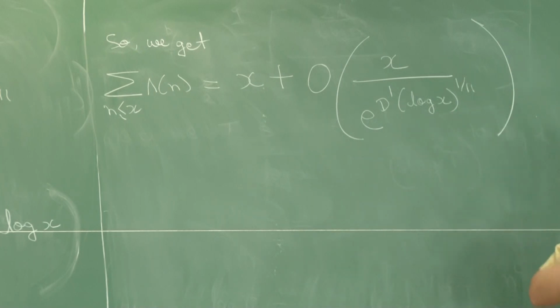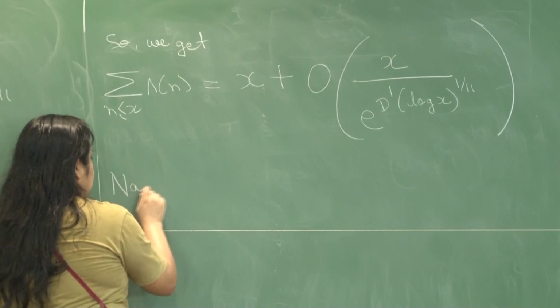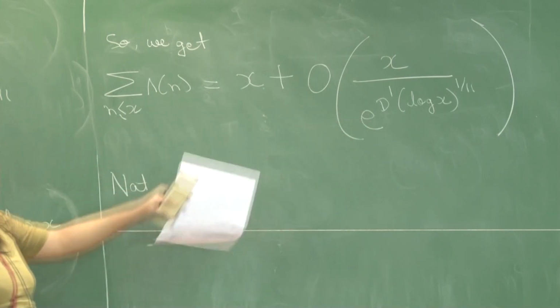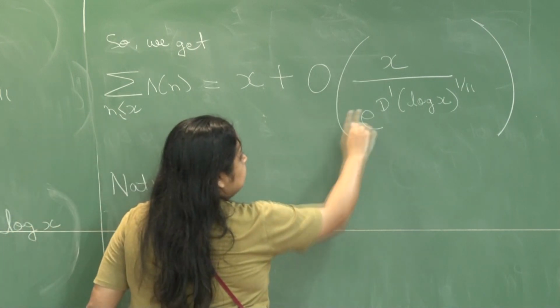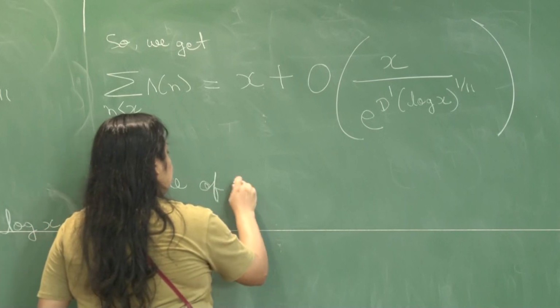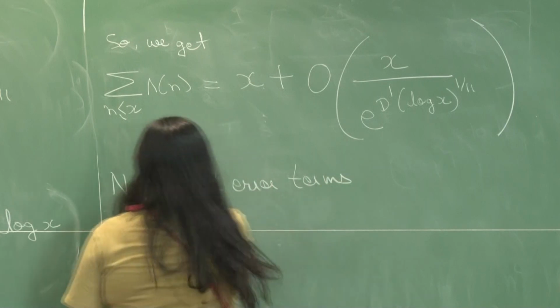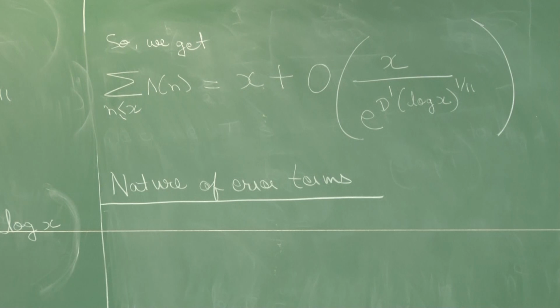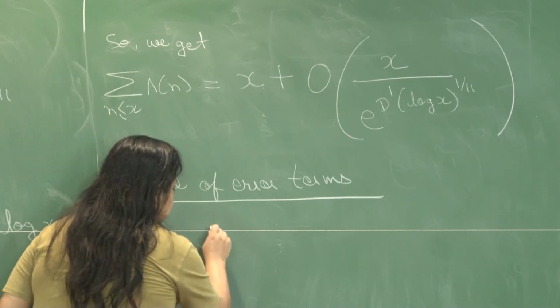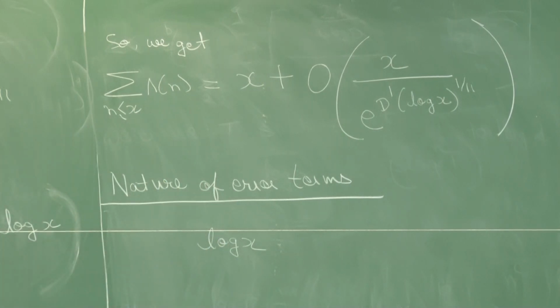Now, let us spend some time on understanding the nature of different types of error estimates. If this looks like Greek and Latin to you, what does this actually mean? Why is this little o of x? So, always remember, this is the fundamental inequality at the heart of everything.